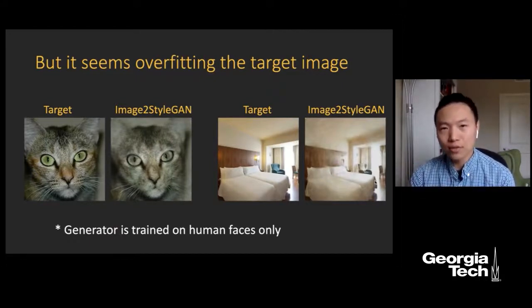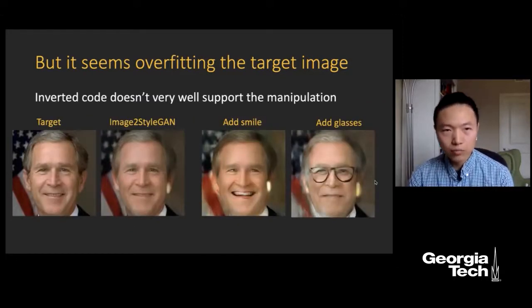But they're still saying that this process seems to just overfit the target image. So here we have identified the overfitting issue. We found that the inverted latent codes from Image2StyleGAN cannot well support the latent manipulation we just introduced in the first session.